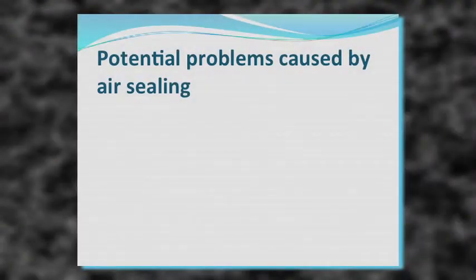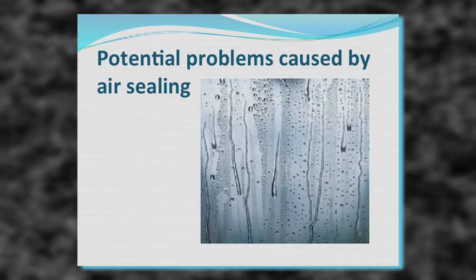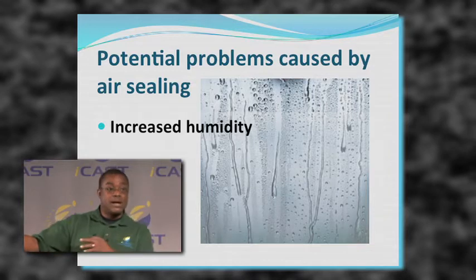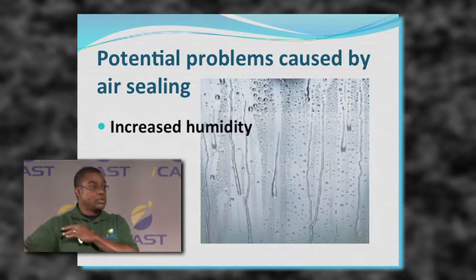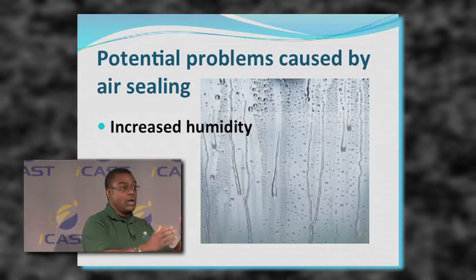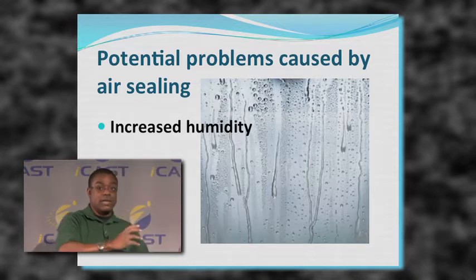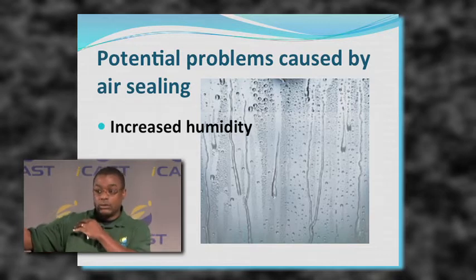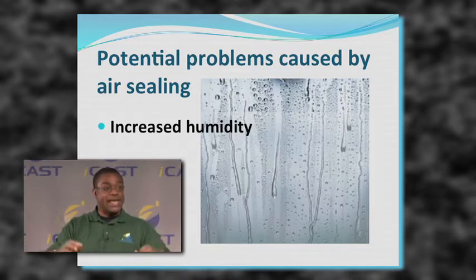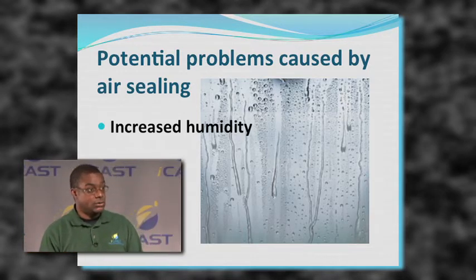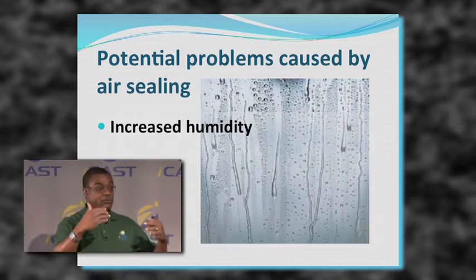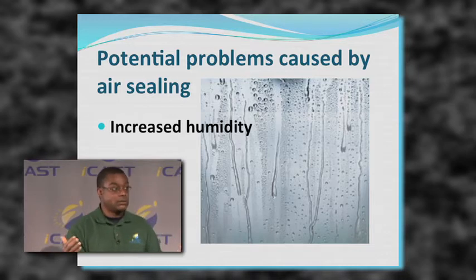What kind of problems can you cause by tightening up a house too much? Okay, we increase the humidity, because remember, we talked about a hole in a building bringing humidity in with it. Well, a hole in the building also allows humidity to go out with the air, okay? What else? Air exchange. If we don't have enough air exchange, that's our problem, right? So what kinds of secondary problems are created?